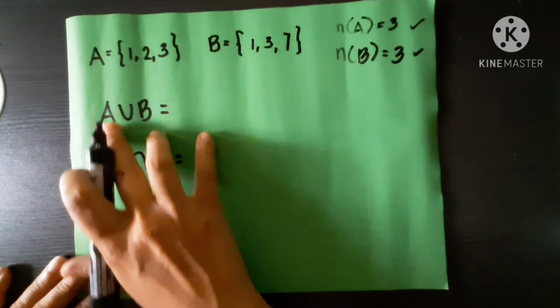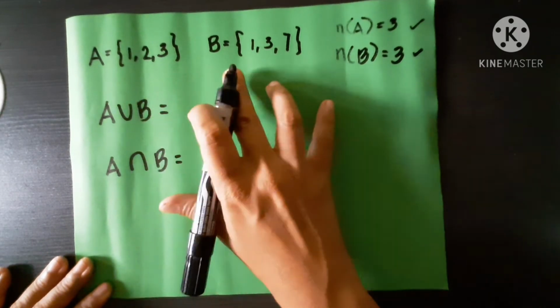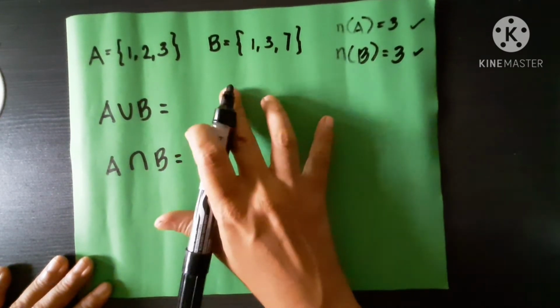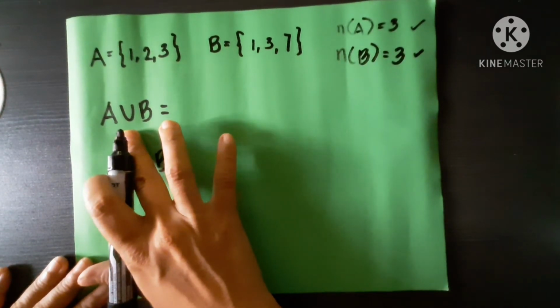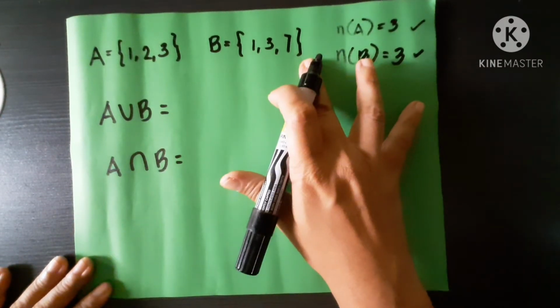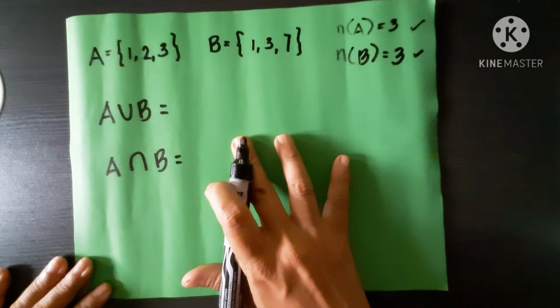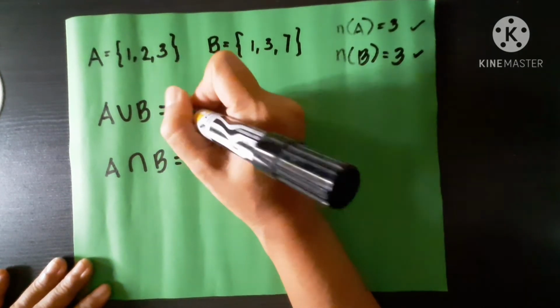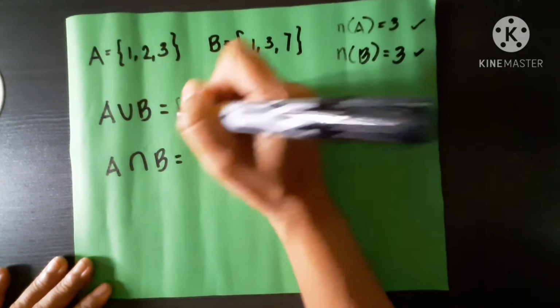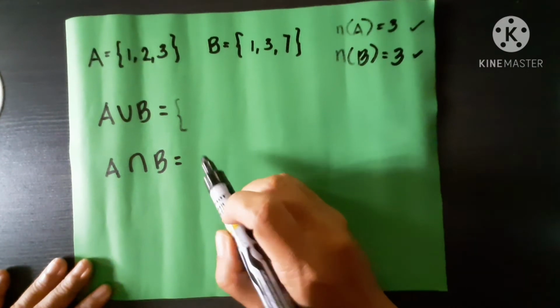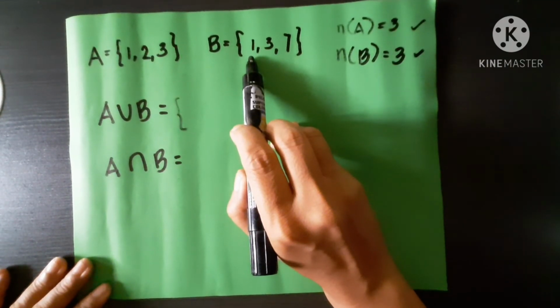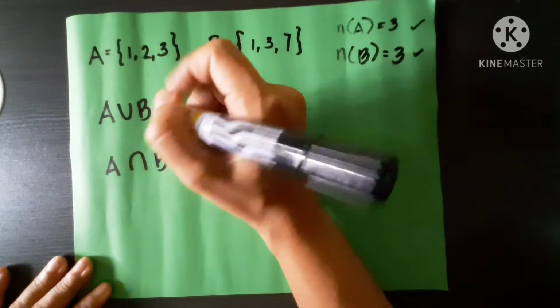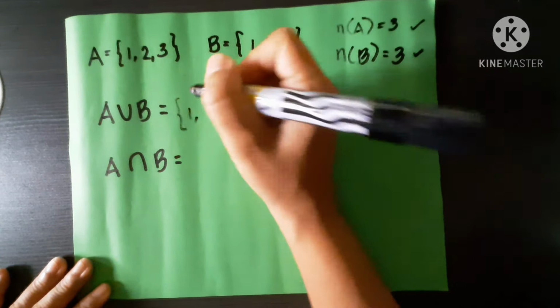Now, if we have set A 1, 2, 3 and set B as elements of 1, 3, 7, kung atong itapok silang tanan, that means our union, the result would be, now naa siya 1 ug naa siya 1, but again ingon sa union dili na i-repeat pagsulat, so that means you only write 1.